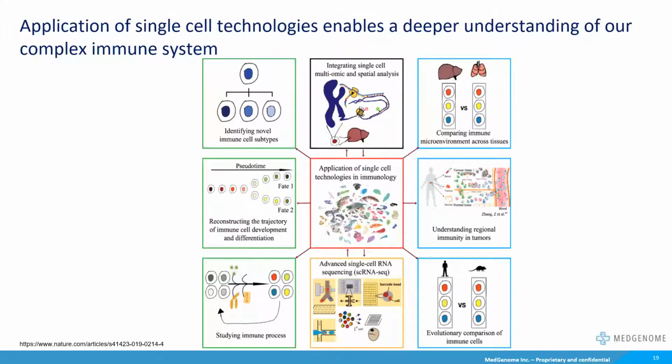The application of single cell technology is crucial, and one of the key areas is in the immune system that we see. So when we look at comparing immune microenvironment across tissues, or even the regional immunity in tumors, there's a tremendous amount of data that you can generate through single cell analysis. You can look at the study of the immune system.